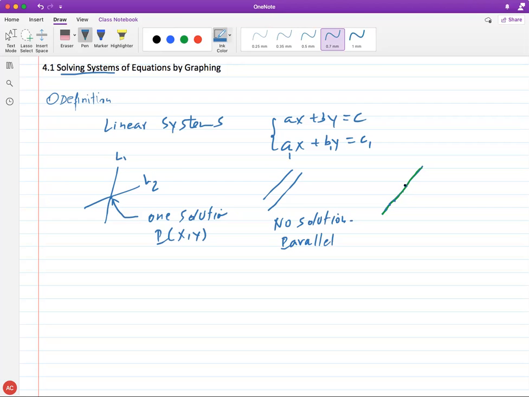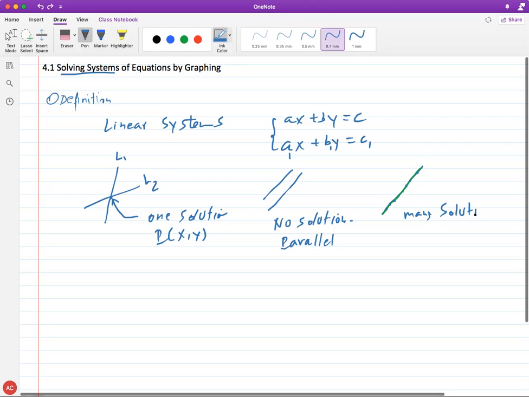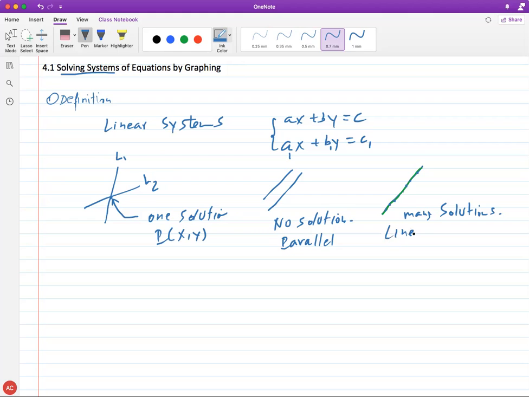Each point belonging to the two lines is basically a solution or a point of intersection. So in this case, we have many solutions, or infinitely many solutions, an infinite number of solutions. The lines overlap, we say.